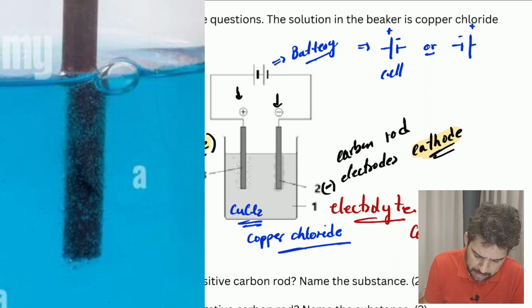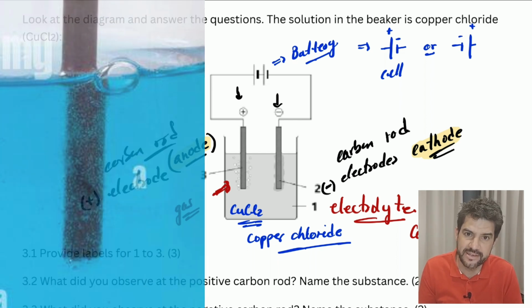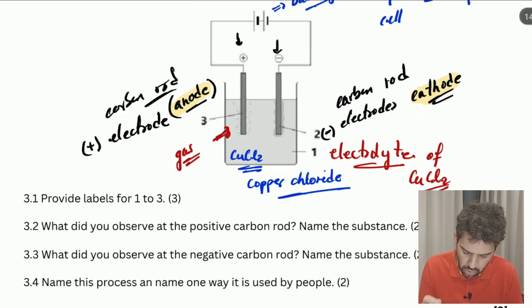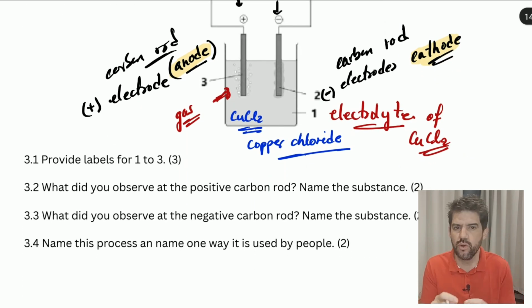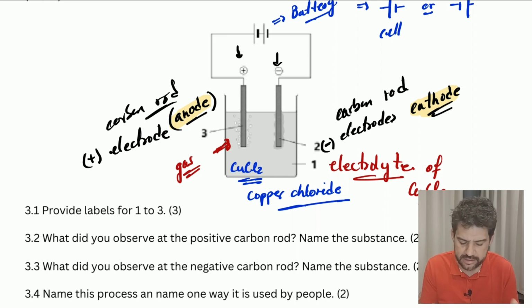Those bubbles indicate that there is a gas being released. So there is a gas going out. Now that gas is chlorine. Chlorine is a gas. You need to know that one. If you do this experiment, you will actually smell a pool-like smell in the room.